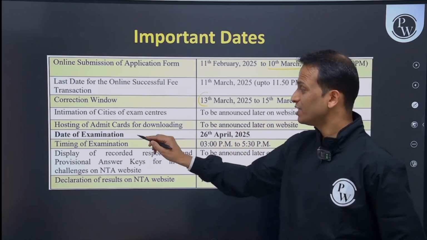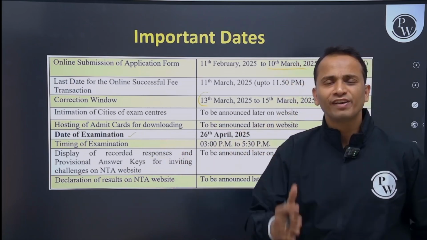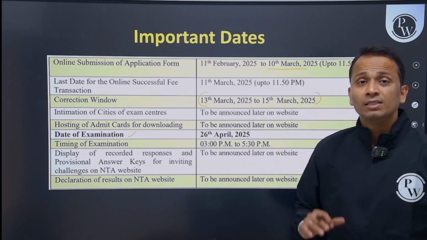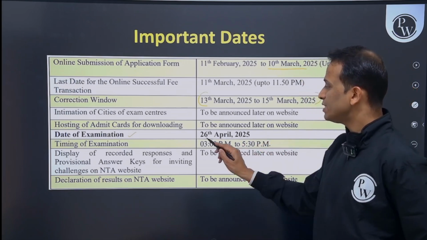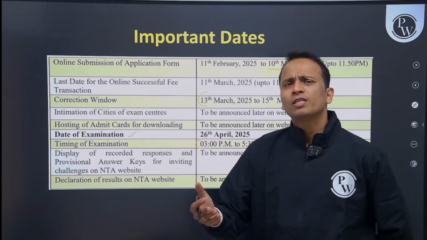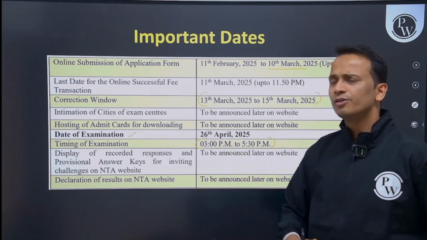But the most important thing is the date of the examination, which is already announced and which is fixed on 26th of April 2025. The timing of the examination will be from 3 PM till 5:30 PM and I'm sure that reporting time at the examination center will be way before 3 PM.